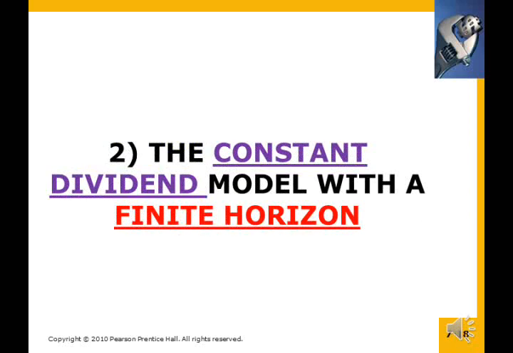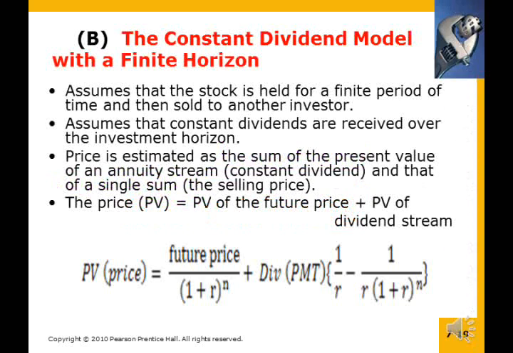The second model is the constant dividend model with a finite horizon. In the second model, I have two assumptions. The first is that constant dividends are received for a specific period of time or forever.